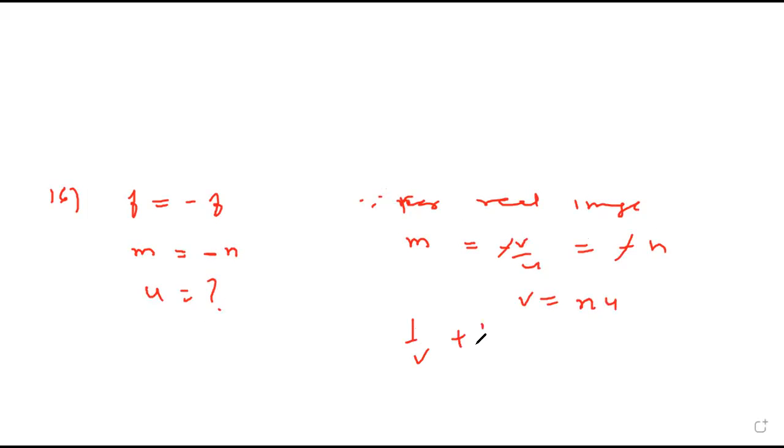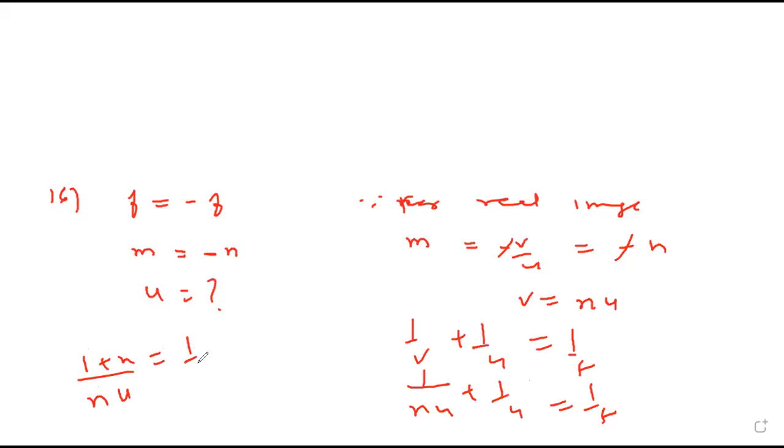Now 1 upon v plus 1 upon u is 1 upon f. So 1 upon nu plus 1 upon u equals 1 upon f. That means nu is the LCM. 1 plus n equals nu upon f. Therefore u equals f into 1 plus n upon n, option C. Clear?